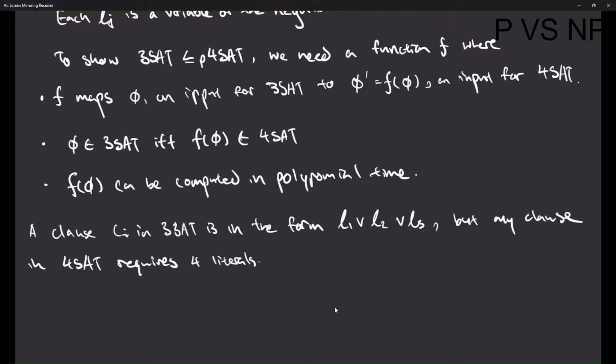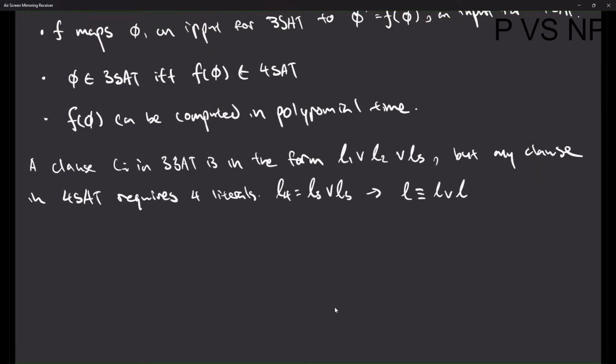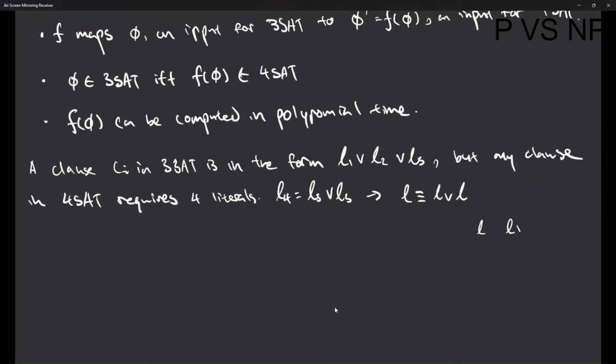Then we can probably do something where L4 equals L3, or L3, because any literal is equivalent to the disjunction of itself, right? If we have L or L, if L is true, this results in true, and if L is false, this results in false.